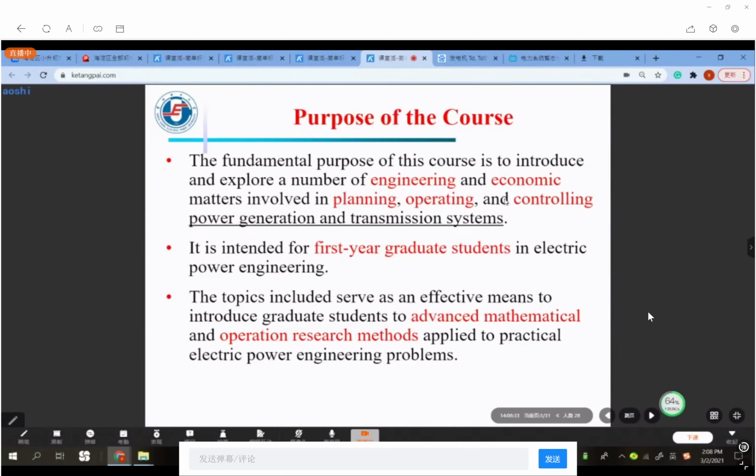This course is intended for the first-year graduate students in electric power engineering. That means this course is a very basic course if you major in electrical engineering.